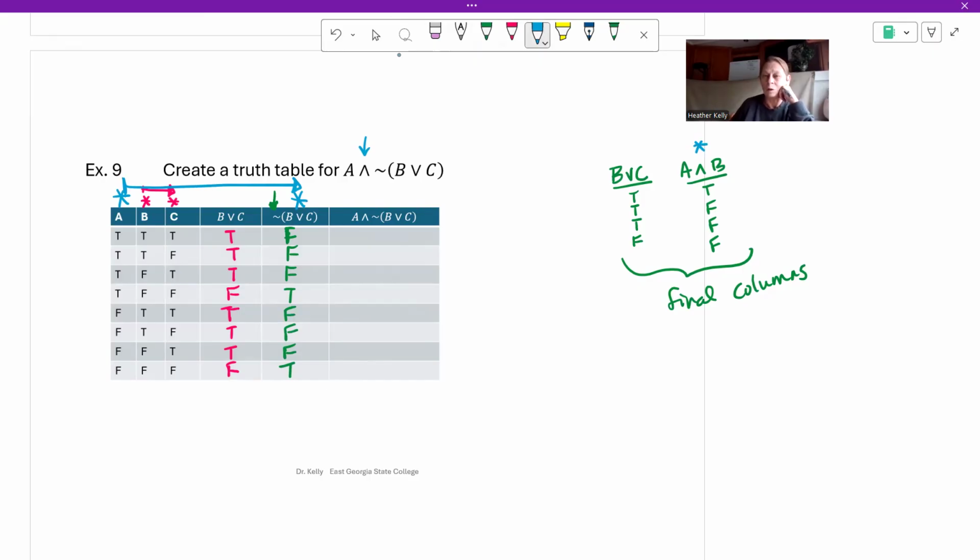The only one that gets a true is if they're both true. So this is going to be false, false, false, true, false, false, false, false. And there's our solution. One place was true. All the rest were false.